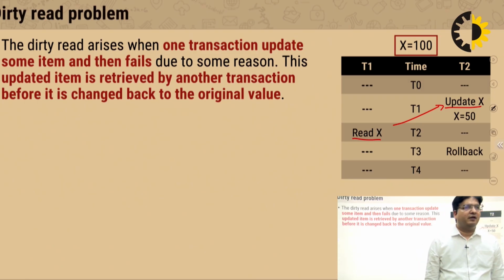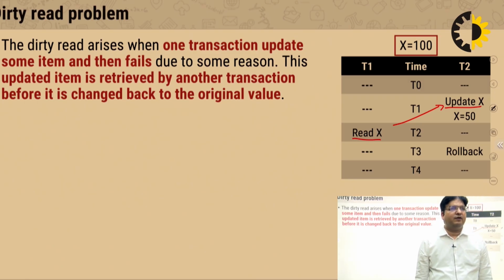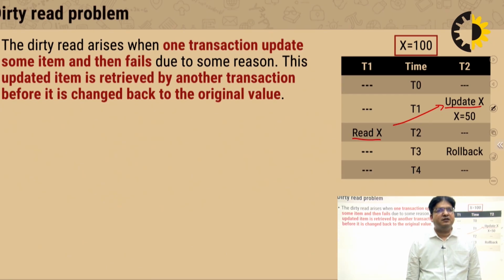As already written here, when a transaction updates some value and then fails for some reason, this updated value is retrieved by another transaction before it is changed back to the original value. That means T1 is reading a value of T2 that has become inconsistent due to the failure of T2.